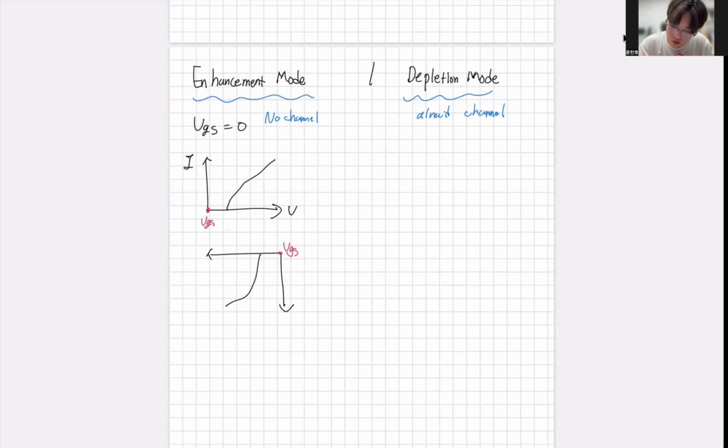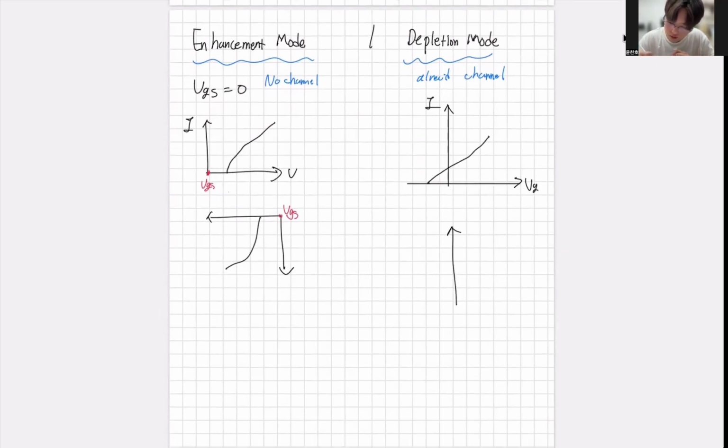Otherwise, the depletion mode graph will be drawn like this in NMOS. Here is ID-VG, and in PMOS the graph will be drawn like this. Here is I, and here is minus VG.